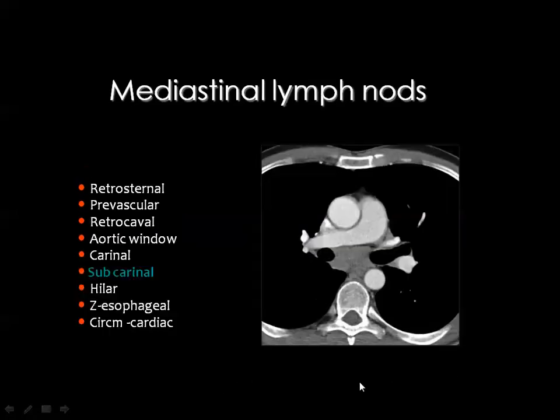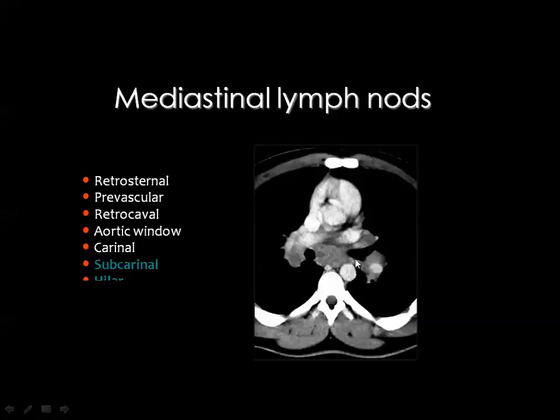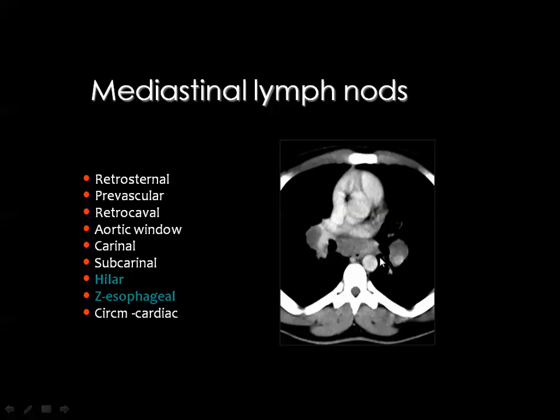And lower down between the major bronchi, you get to the subcarinal lymph nodes, and more lower down, you can see the hilar group of lymph nodes, and also you can see the azygoesophageal group of lymph nodes related to the esophagus and the azygos vein.